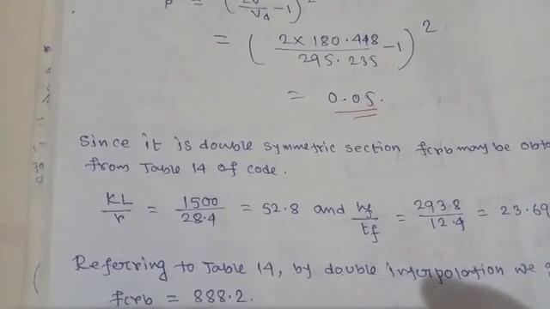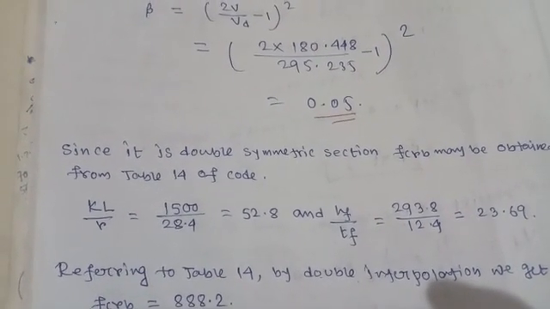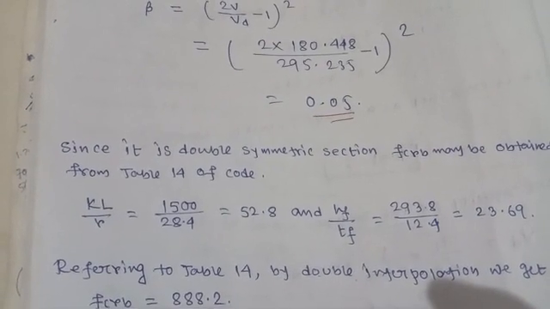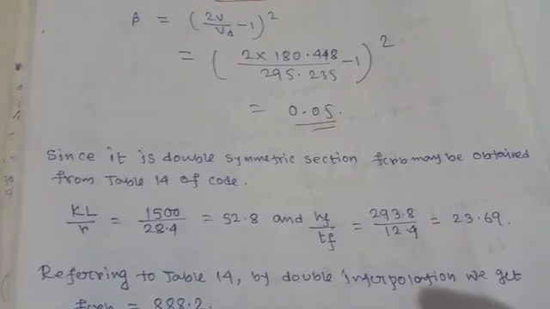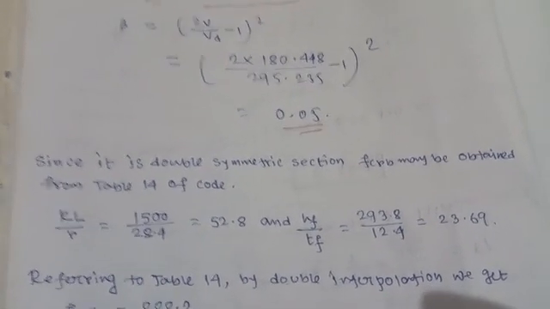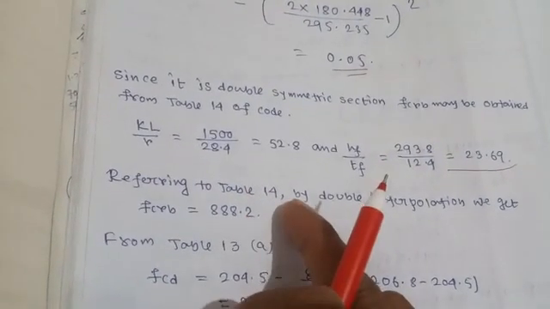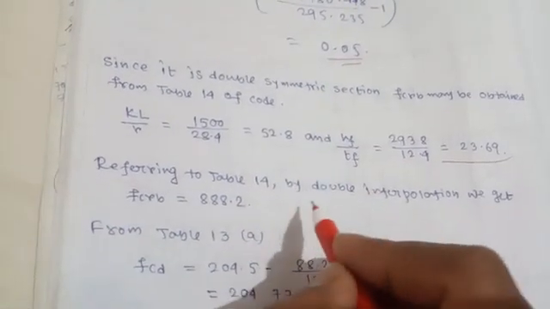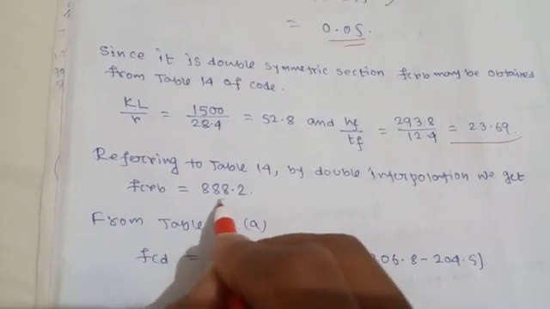Hf by Tf, where hf is 293.8 and Tf is 12.4, gives 23.67. Referring to table 14 of the code IS 800, by double interpolation we get Fcr.